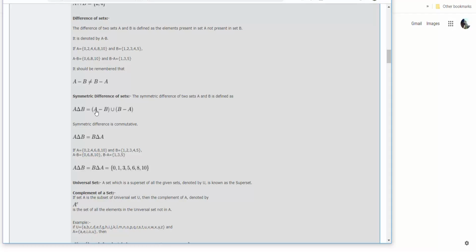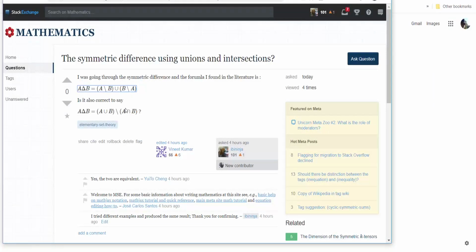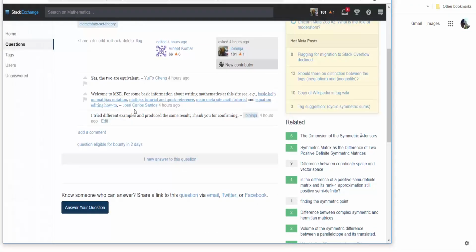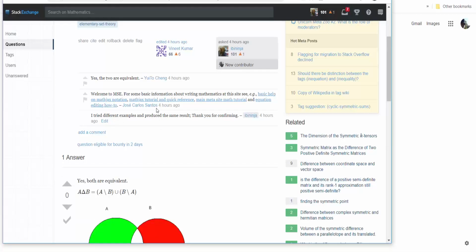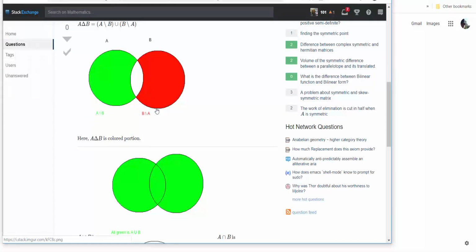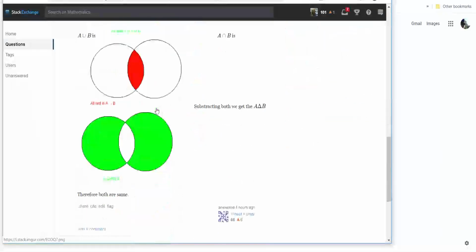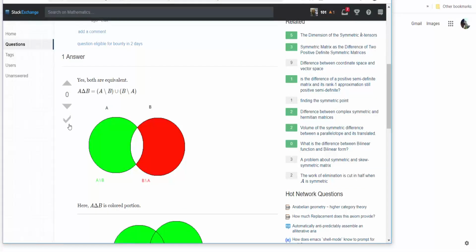Yeah, so this is the equation in the summary: A delta B equals A minus B union B minus A. I just wanted to double check my conclusion, to make sure that it equates to the union subtracting the intersection, so the union of A and B minus A intersect B. And from the answers, basically yes, both are equivalent, and this is the justification. It's a very clear justification, and I'm honestly going to take this.